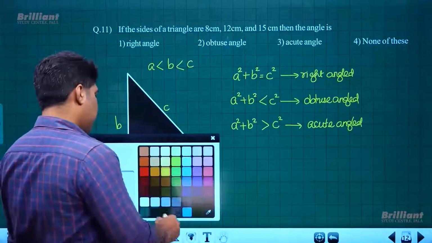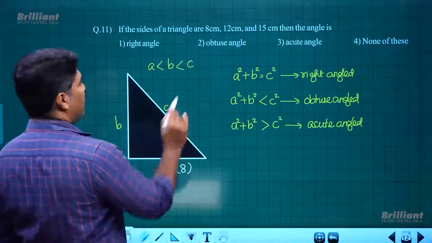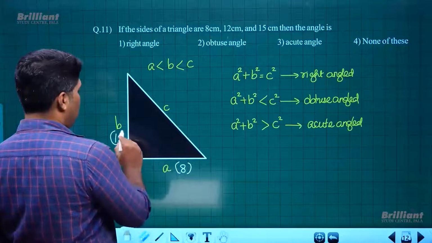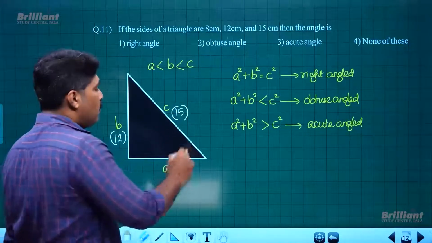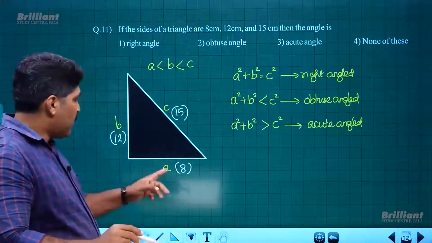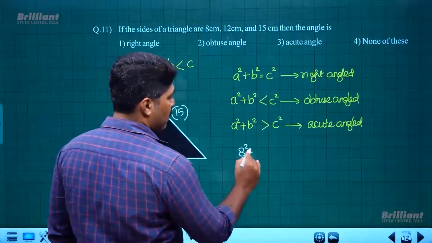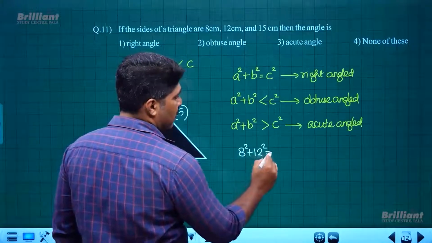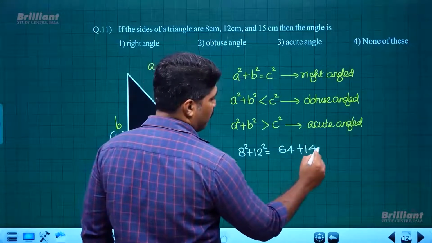While we are considering the given values here, the values are 8, the second value 12, and the longest side, 15. So you just simply compare the quantities here. 8 square plus 12 square, what will it become? 8 square is 64 and 12 square is 144.